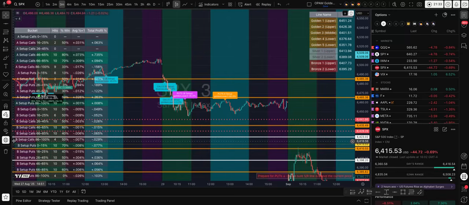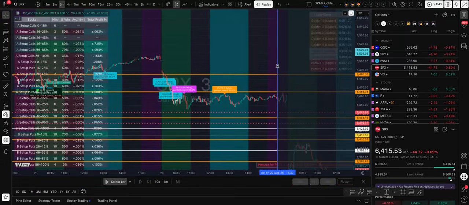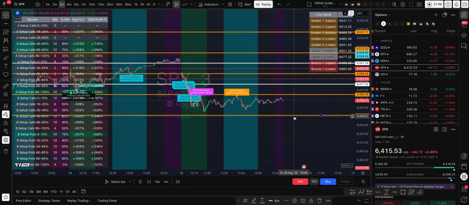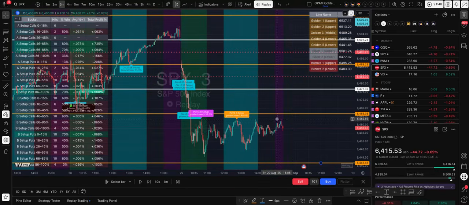This here might be better. Let me update the line so it is much clearer for everyone. All right, I have updated the chart.